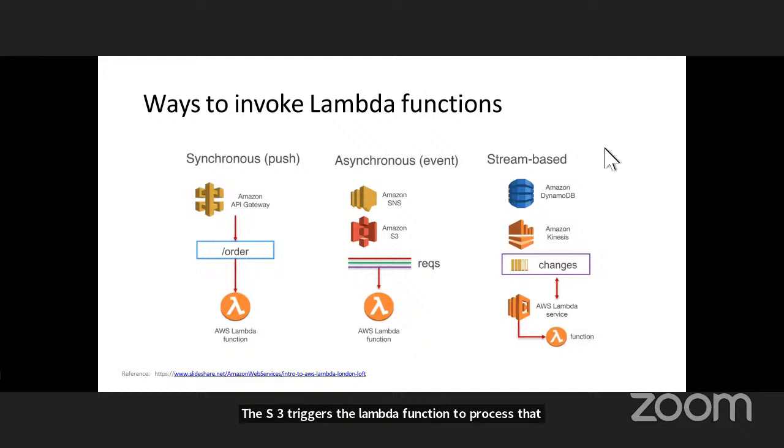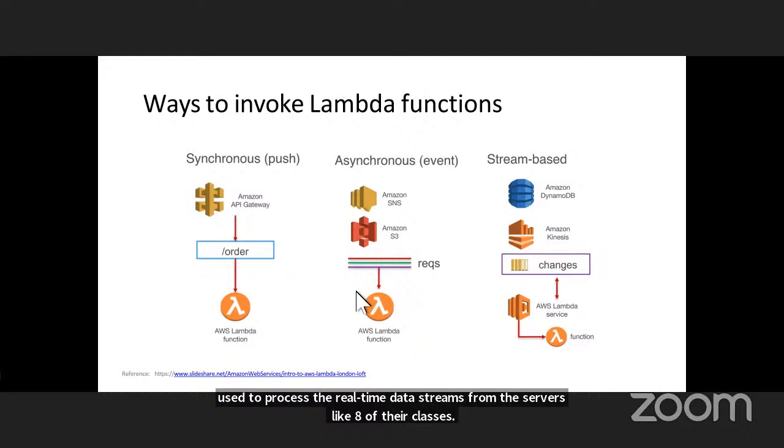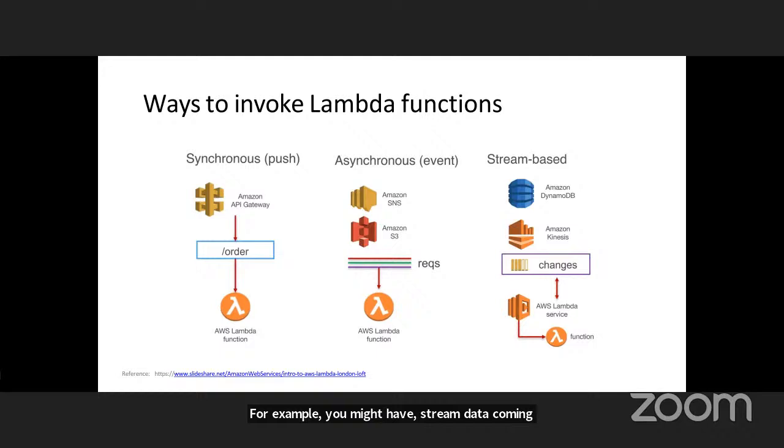It can also be triggered in a stream-based way. You can use Lambda to process streaming data. This could be used to process real-time data streams from services like AWS Kinesis. For example, you might have stream data coming from IoT devices, and a Lambda function can process this data in real time.